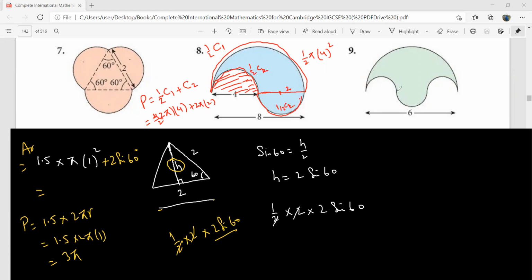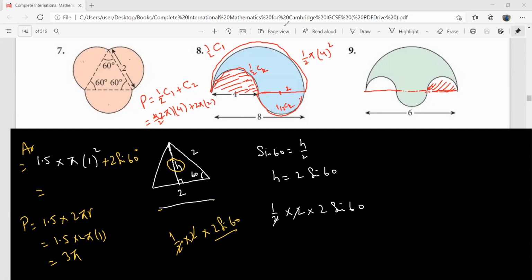Now, when you move on to the ninth question, if you cut out this part and paste it here, you see this would be something like this. Okay, so when you have to find all this area, this means you will have to find the area of the bigger semicircle minus the area of the smaller semicircle.